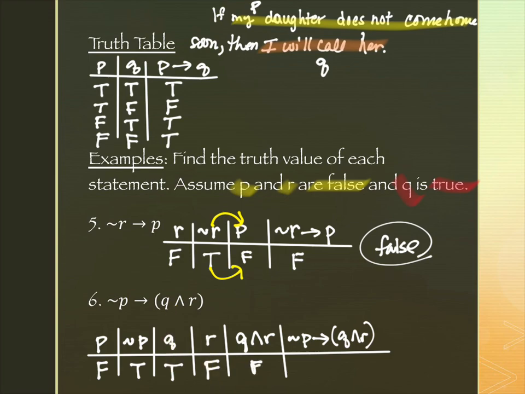And then it wants me to do an if-then statement, and they're kind of separated on my table. So I'm going to draw arrows over it just to remind us where we're starting and where we're ending. So we're starting here with tilde P, and we're ending with Q and R. So it's going over like this, right? So from the bottom's perspective, we're going true from the far left to false. So what is a true false statement's truth value?